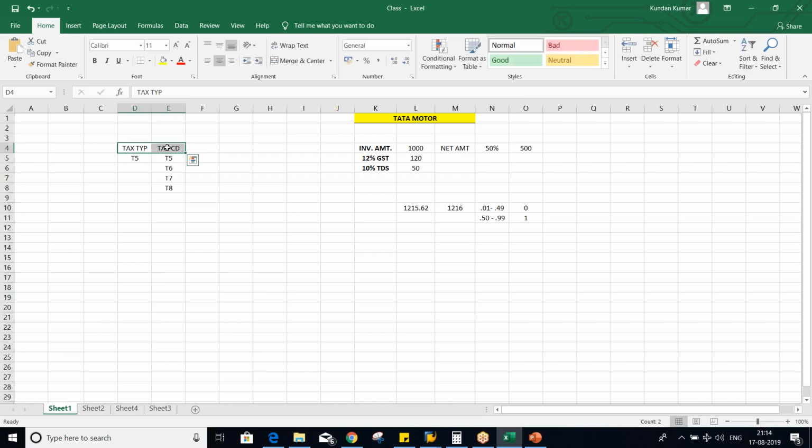Now if you talk about this tax type, it always stands higher in terms of hierarchy level, right? Because under one tax type, multiple tax codes can be created, but vice versa is not possible.